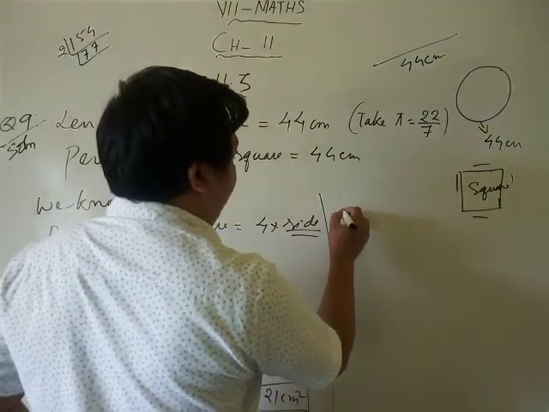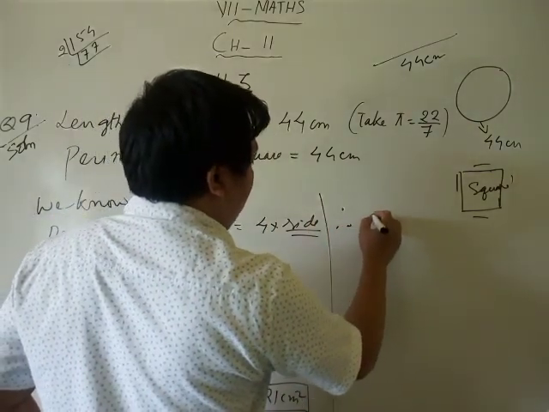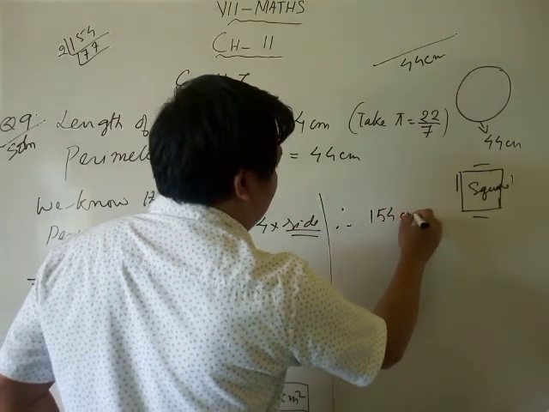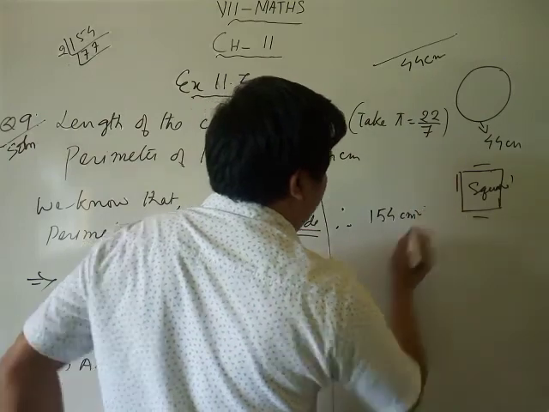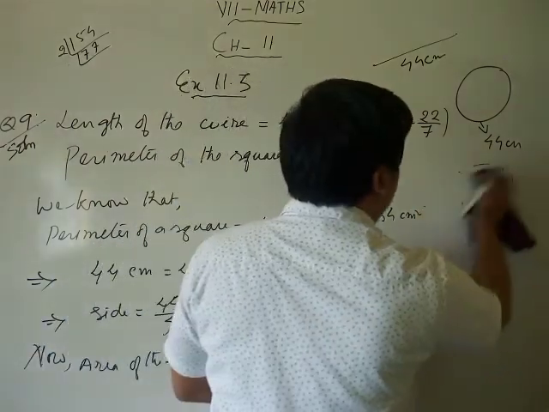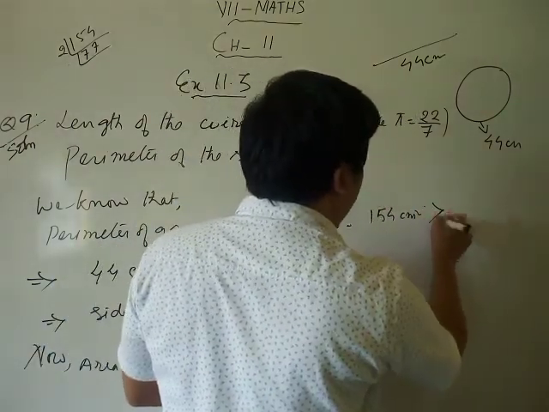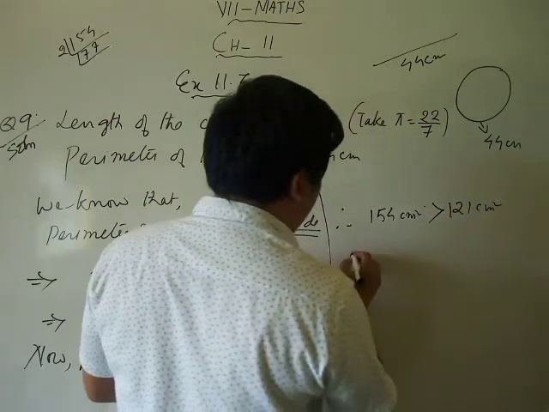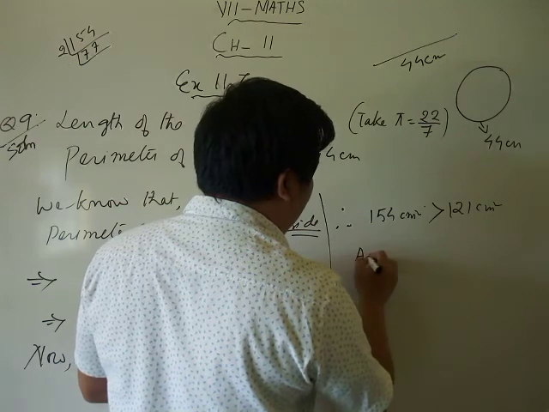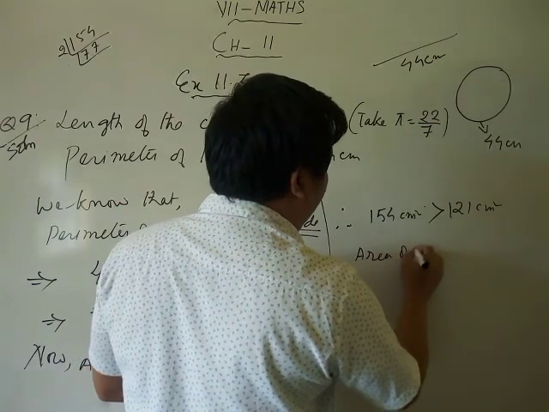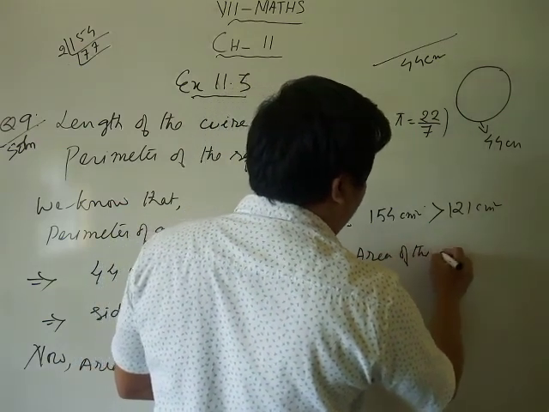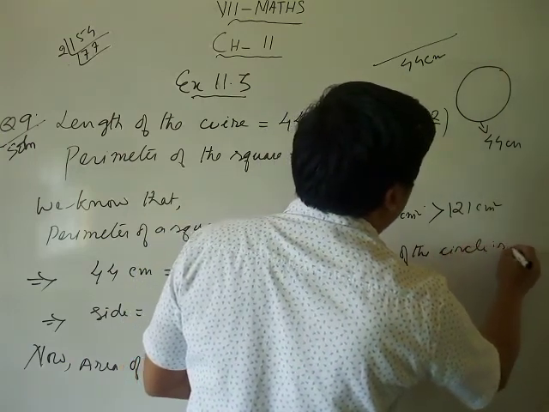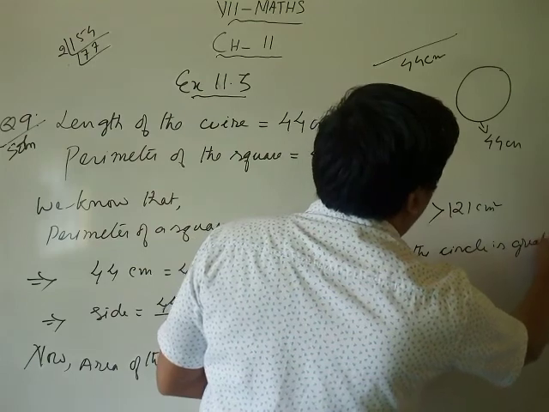And whose area is more? Therefore, 154 centimeter squared is greater than 121 centimeter squared. It means the area of the circle is greater.